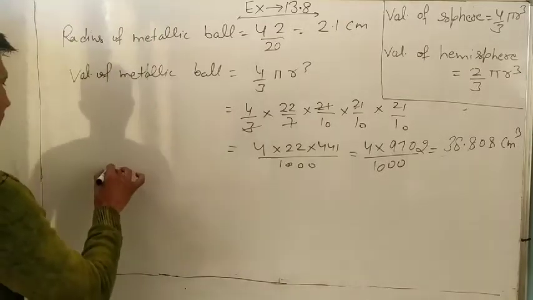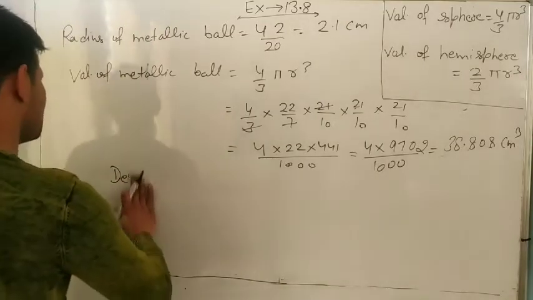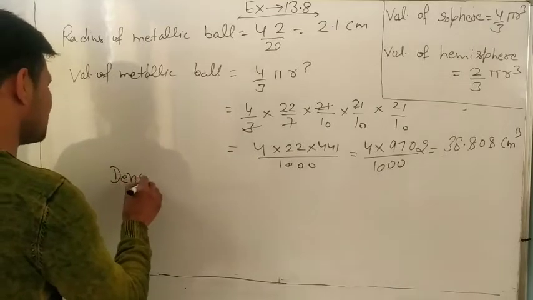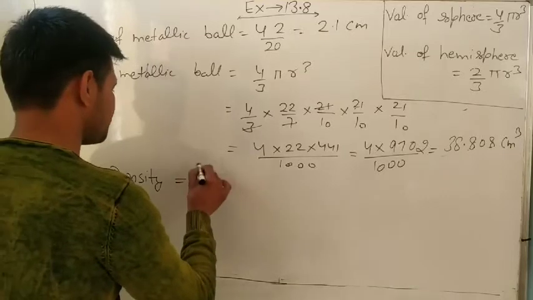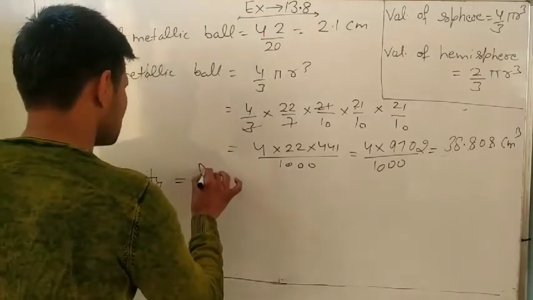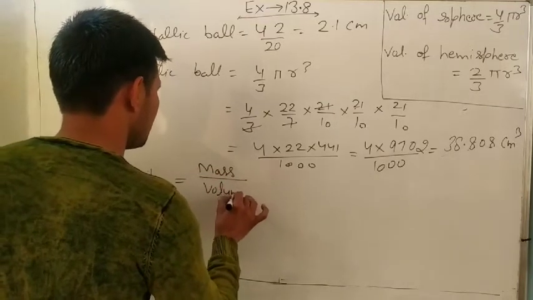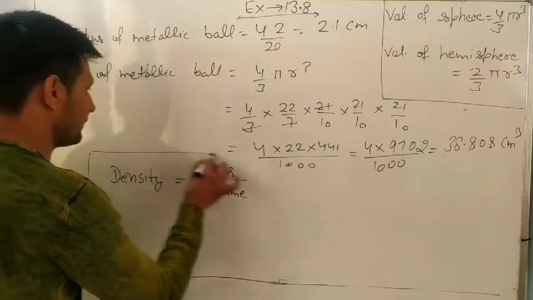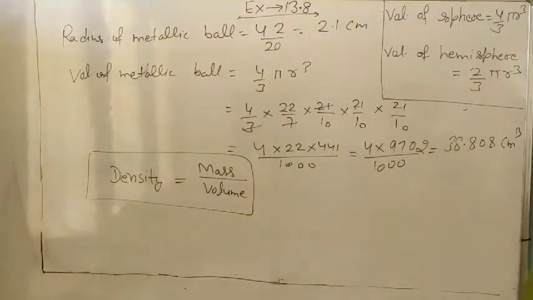So always remember this formula: density is always equal to mass divided by volume. Note it down.